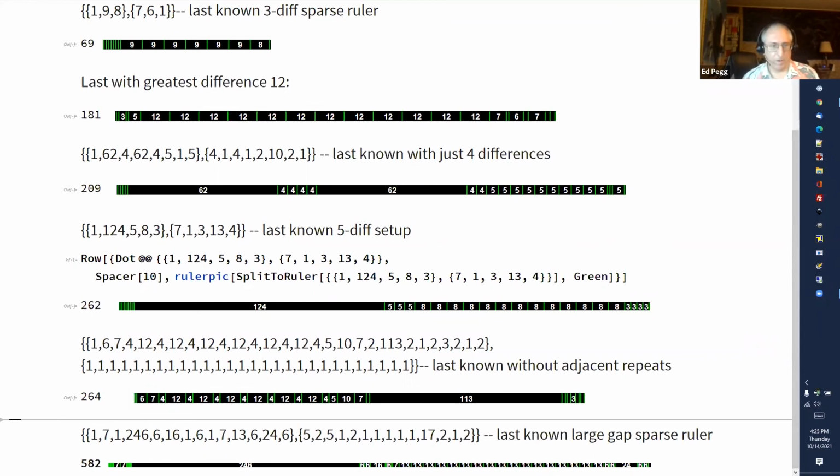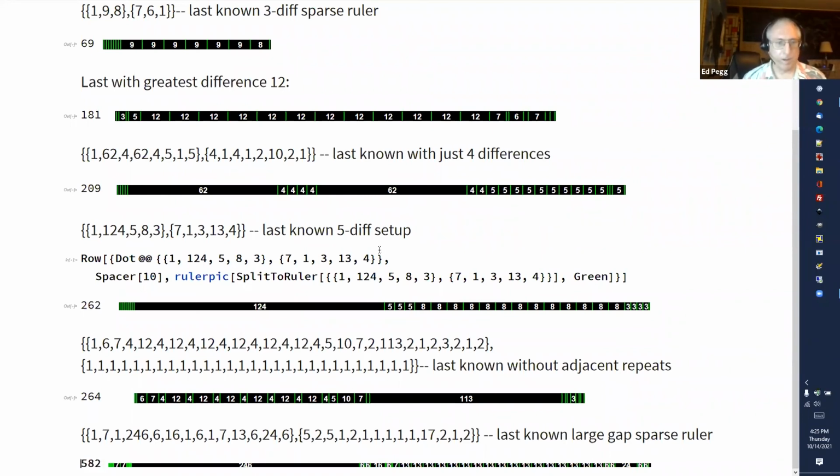At the bottom here, this ruler of length 582 has a big gap in it, much like this big gap here. And this is the last known big gap ruler, where there's a gap in the sparse ruler that's greater than 1/3 of the ruler's length. Whether there are any more of those is unknown. And this value 582, this is what's called a cloud value.